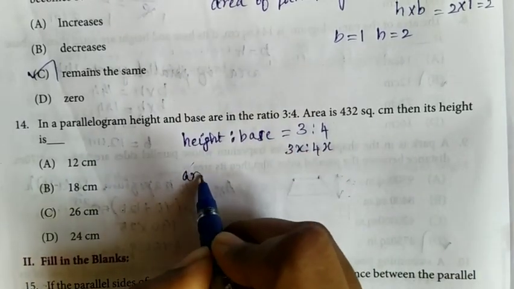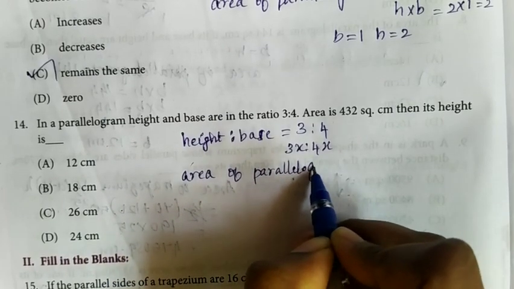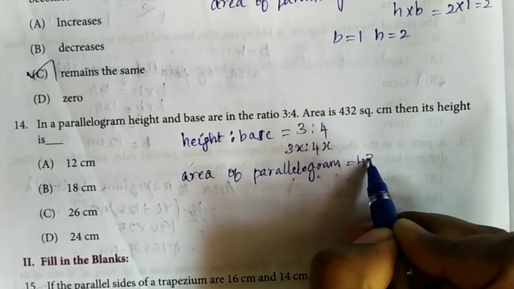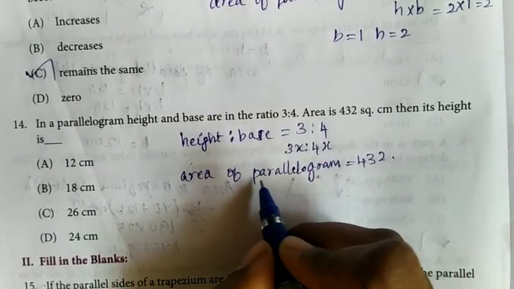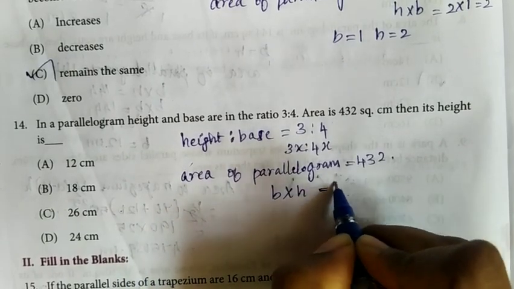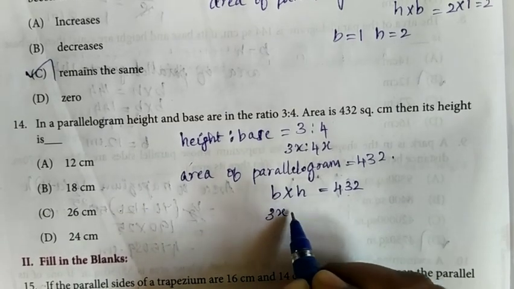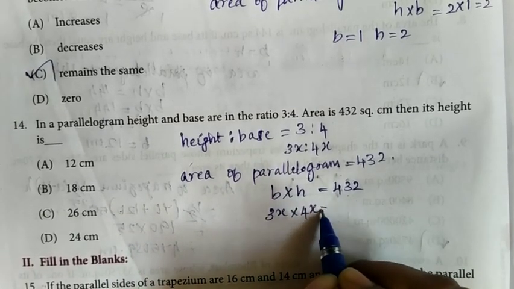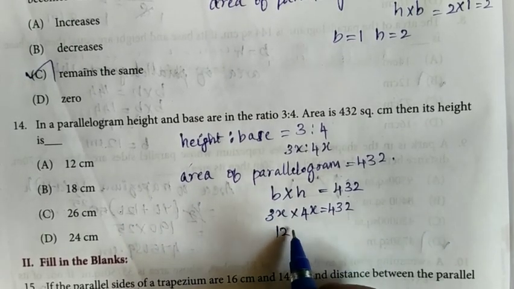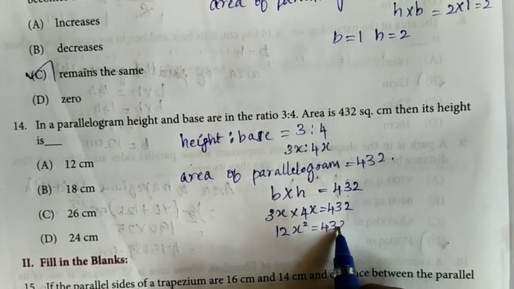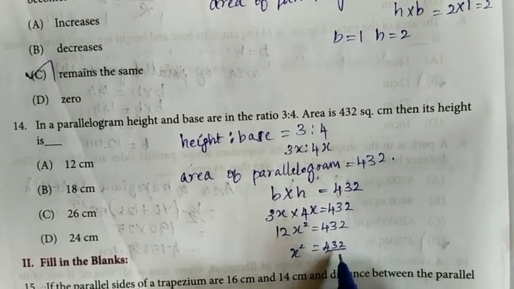Then area of parallelogram is 432 square centimeter. We know the area, that is B into H equal to 432 square centimeter. B is 3x and H is 4x equal to 432. 4 3s are 12. 12 into x square equal to 432. Now x square equal to 432 divided by 12.